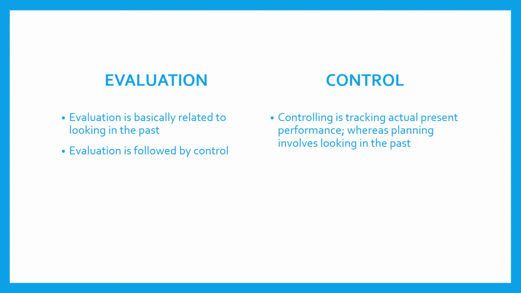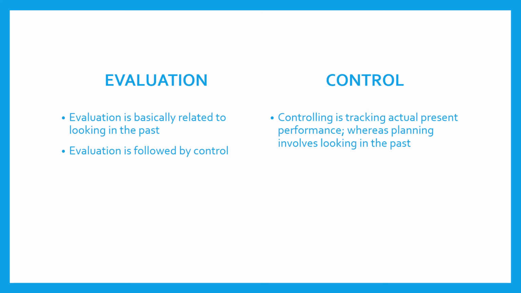The most basic difference according to me is evaluation should be a reactive process, whereas control is a proactive process. As I believe, evaluation is basically related to looking in the past. If you are looking in the past, that means yes, it is a reactive process. Evaluation is followed by control, and control is preceded by evaluation.